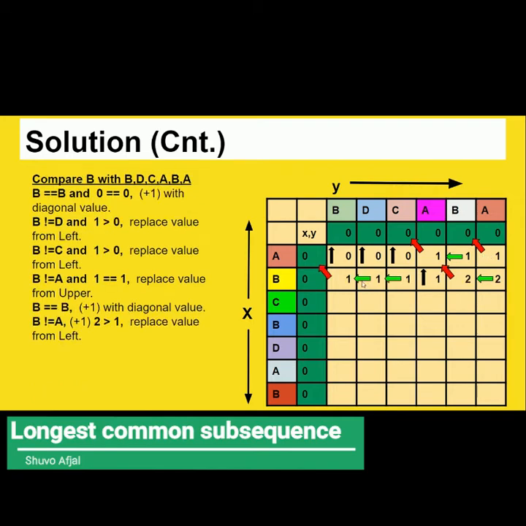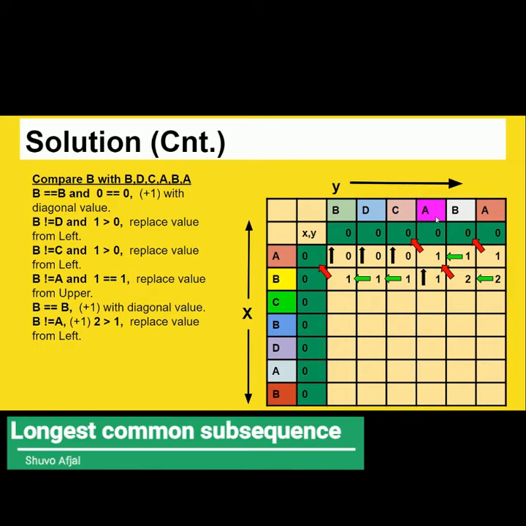See the next. B and B are equal, so add diagonally 1. B and D are not equal. Compare 0 and 1. 1 is greater than 0, so the value comes from left. B and C are not equal, so compare 1 and 0. 1 is greater than 0, so 1 comes from left.